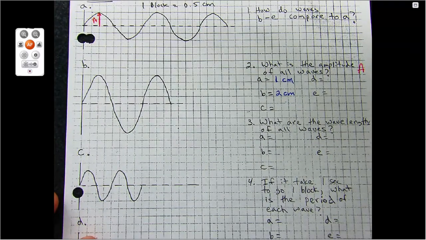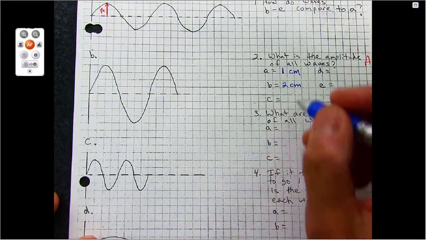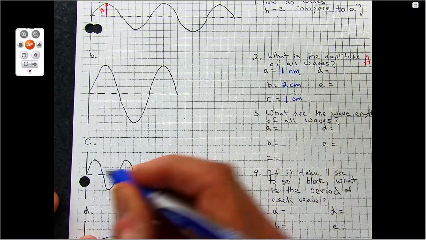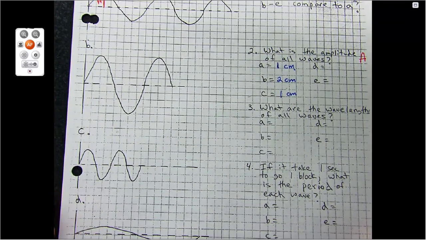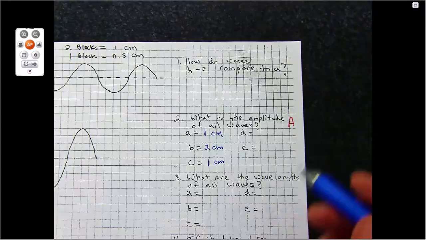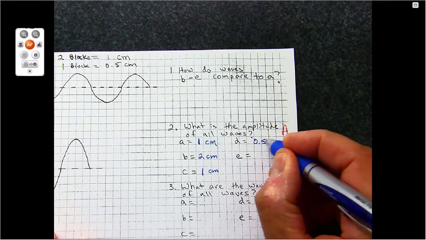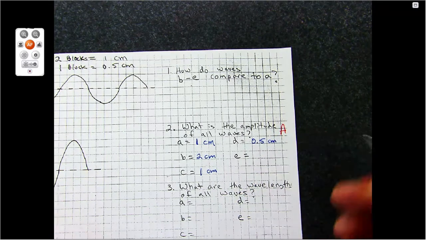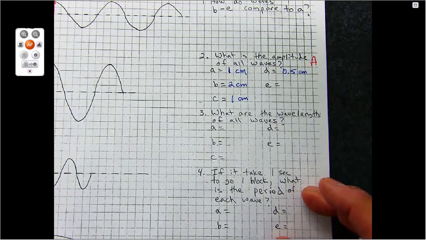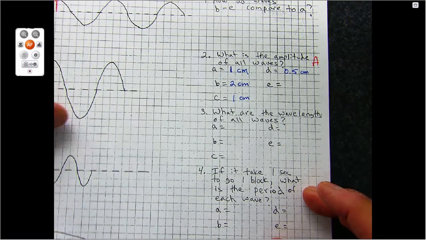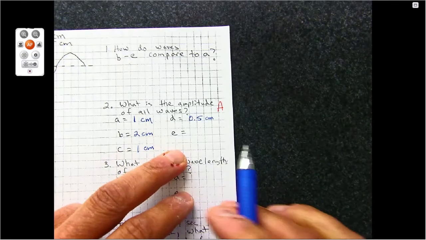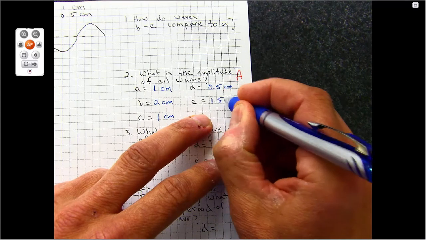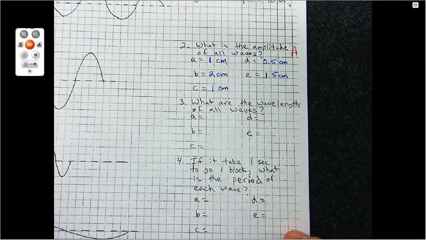The amplitude of C is 1 centimeter. And the amplitude of D is 0.5, right? And the amplitude of E is 1.5, right? A half, 1, 1.5. So there's our amplitude.